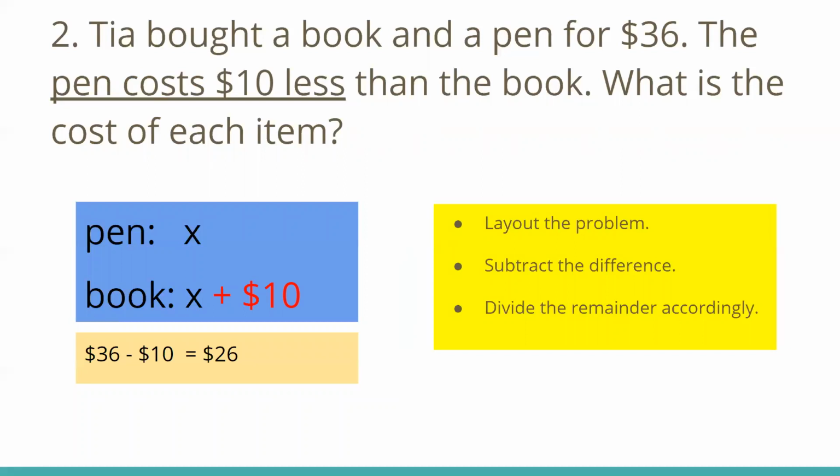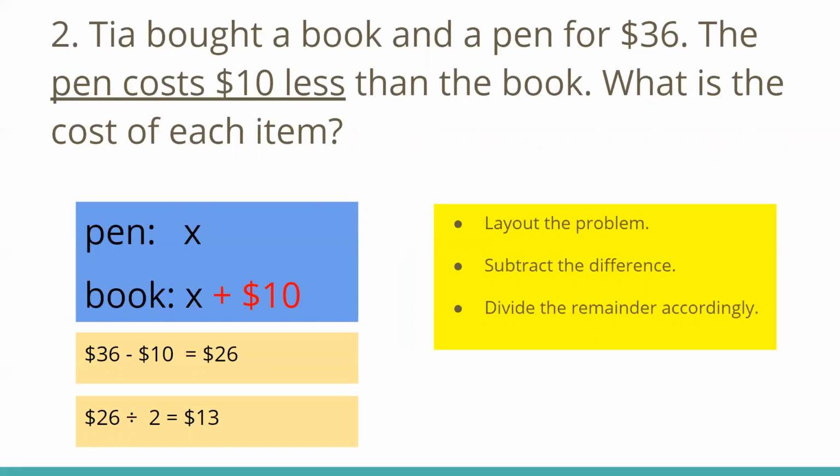Next, we subtract the difference. $36 subtract $10 leaves $26. That is $26 to share between the pen and the book. Lastly, we divide accordingly.